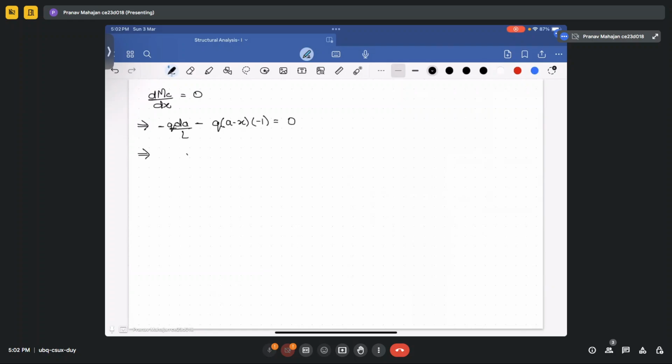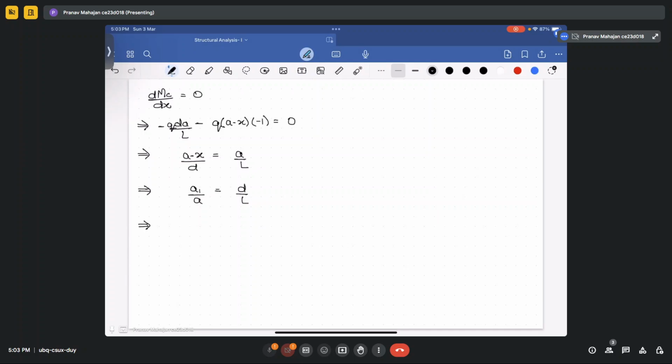What you will get is a minus h upon d equal to a by L. So this implies a minus h, which is A1, so A1 upon a will be equal to d upon L.